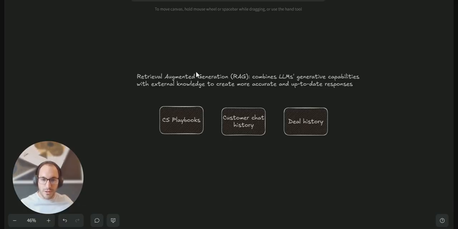A few that I've seen in motion are things like customer success playbooks. If something goes wrong, most customer success teams have some kind of playbook in place to say, if this happens, then you should do this, right? We already referenced the customer chat history here. So if you had a conversation 6 months ago that was very extended, a RAG agent would be able to reference that previous history and bring that up in the conversation.